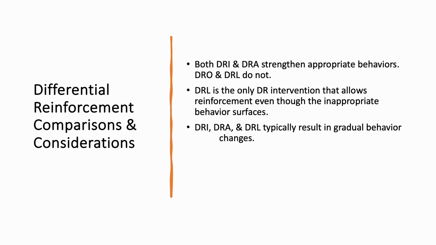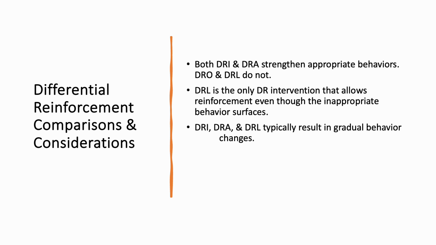Okay. DRL is the only differential reinforcement intervention that allows reinforcement even though the inappropriate behavior surfaces. And I want to say this has a caveat, right? Because you can have differential reinforcement of alternative behaviors without extinction.